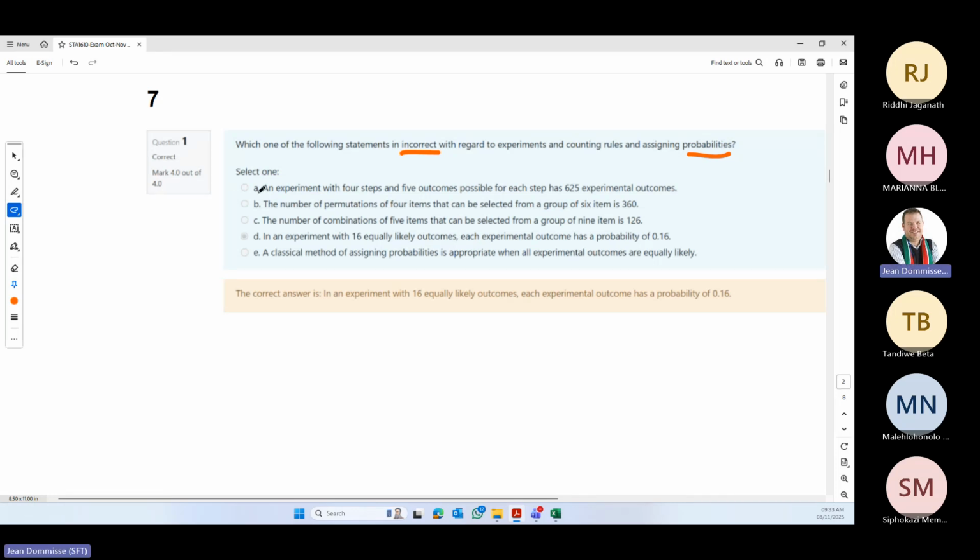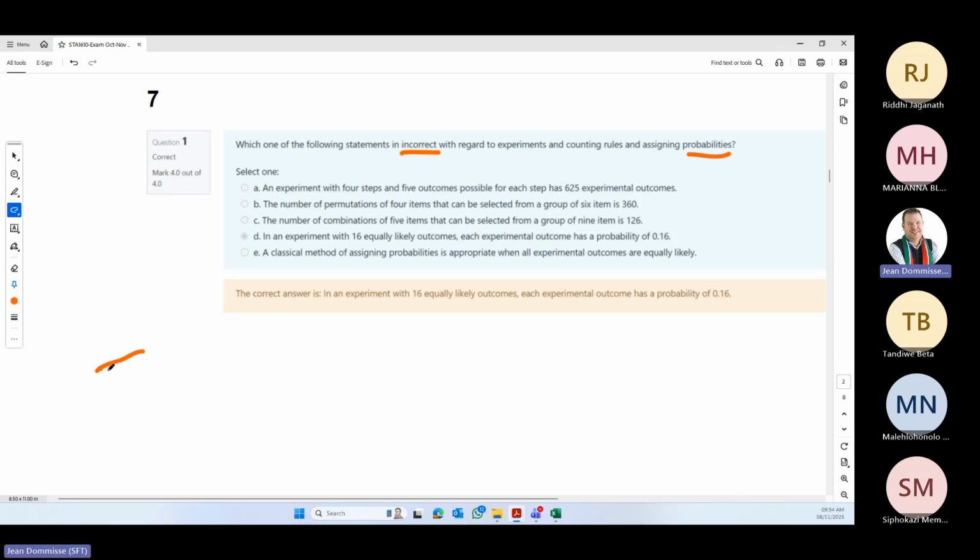So an experiment with 4 steps and 5 outcomes possible for each step has 6 to 5 experimental outcomes. 4 steps, 5 outcomes. Okay, so we could have drawn it.